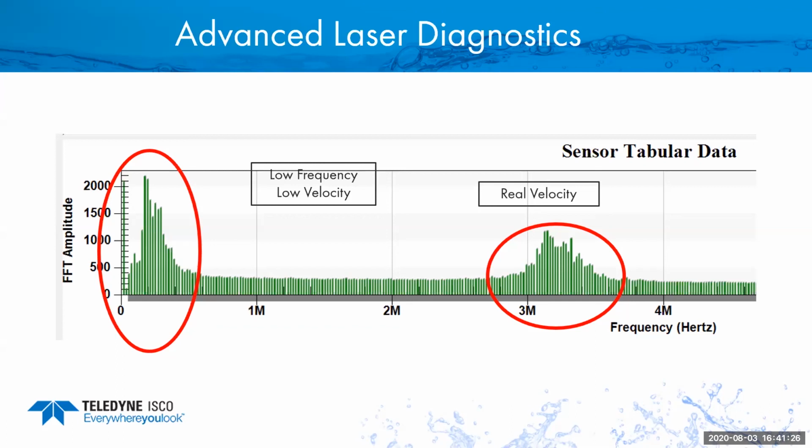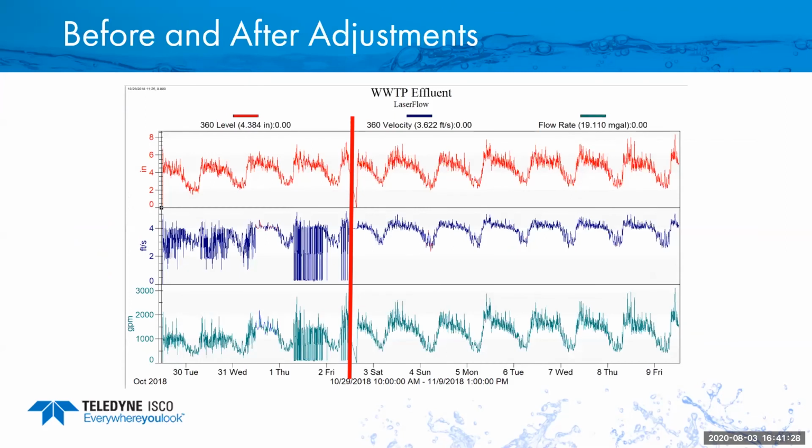So now we're able to filter out what it sees and what we know is real. This solid red line is the time when I made that change. So from the right on, once we made that change, it looked really, really good. This was going to cost them a lot of money to redo that whole effluent line. So again, minor tweaks were able to get the laser to do what they needed to do.